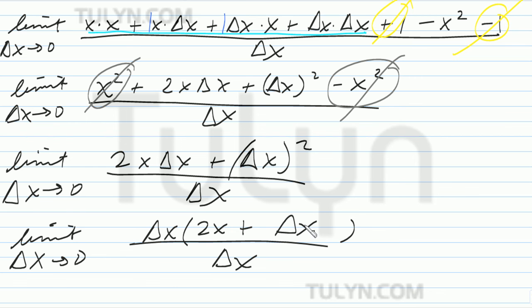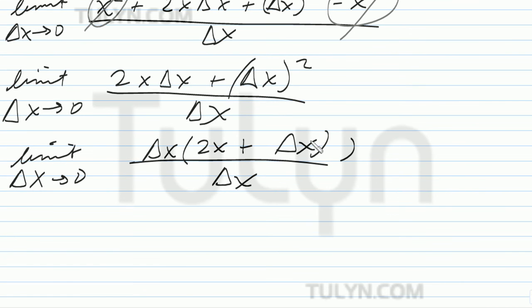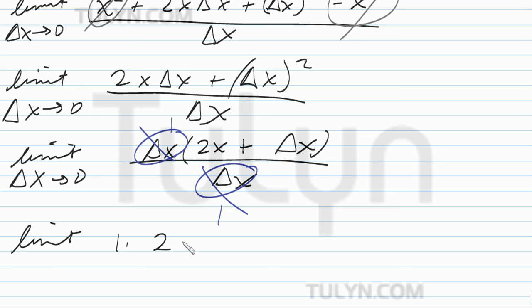Delta x, right? And then what you're going to do is cancel out what you have in common. With the delta x's, you're going to be left with 1 and 1. So then the limit will be 1 times 2x plus delta x, divided by 1.